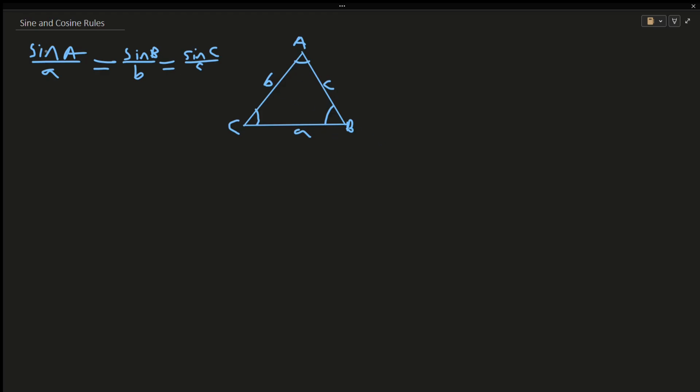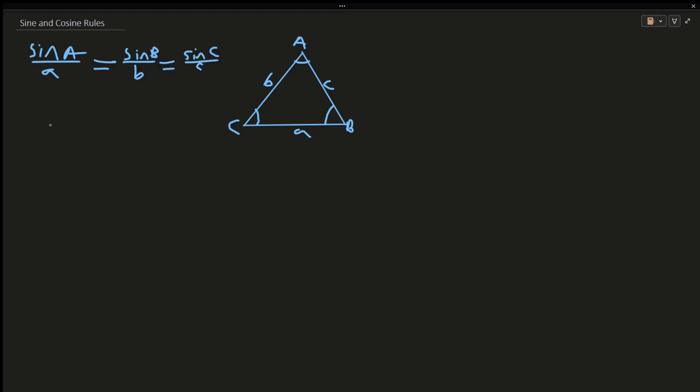So sine A over A is equal to sine C over C. That's exactly what this equation is saying: sine A over A is equal to sine B over B, and sine B over B is equal to sine C over C. And we can use this identity to find any missing angle.